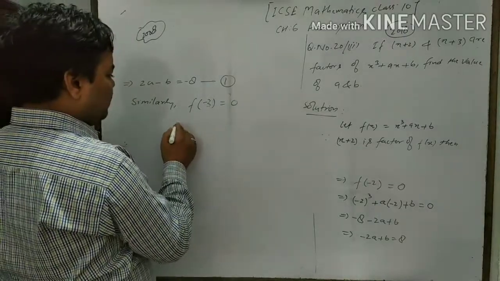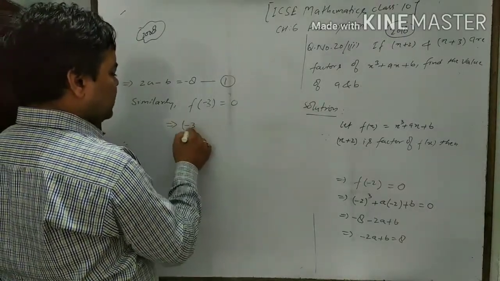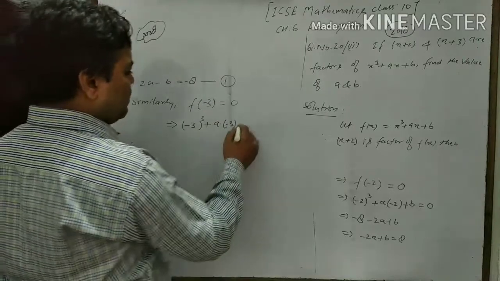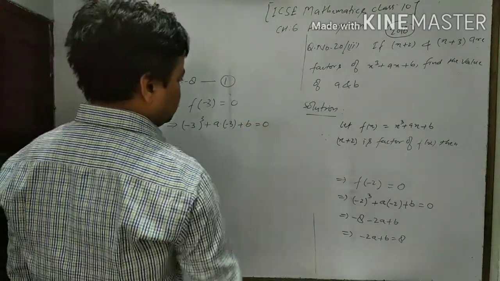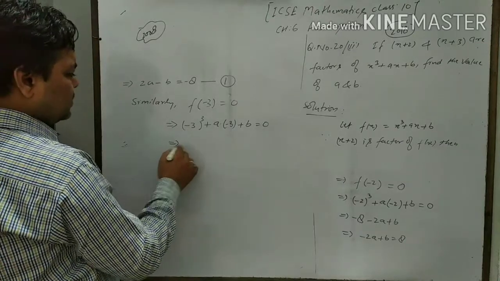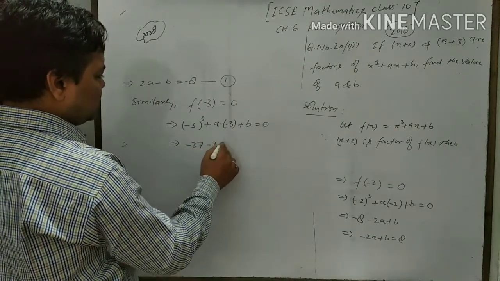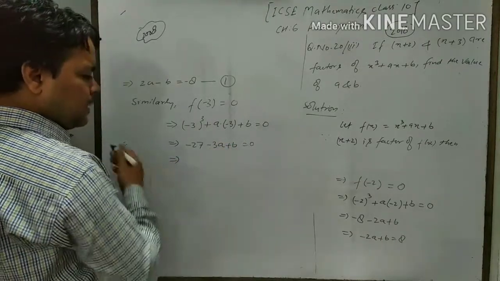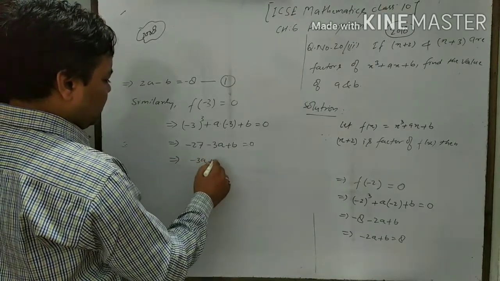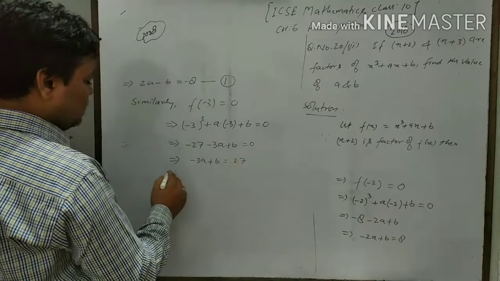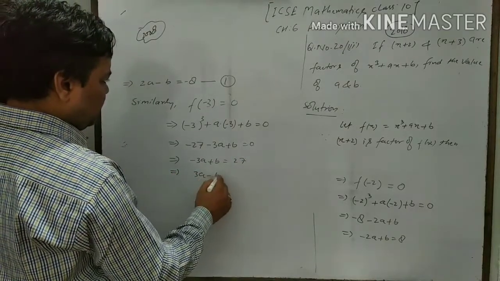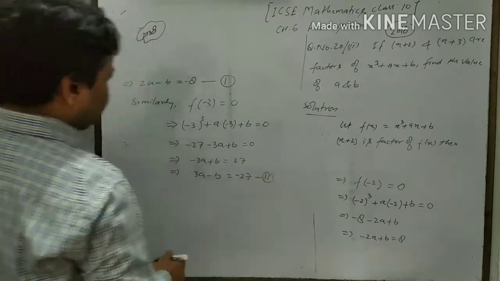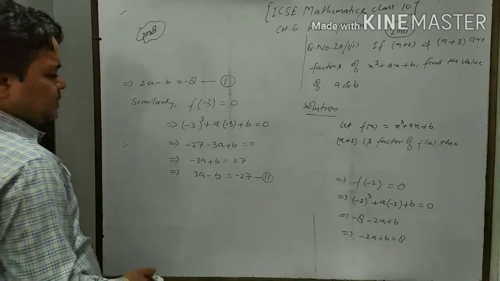This implies that (minus 3) cube plus a into minus 3 plus b is equal to 0, so minus 27 minus 3a plus b is equal to 0. Again this implies that minus 3a plus b is equal to 27, or we can write 3a minus b is equal to minus 27. This is equation second.